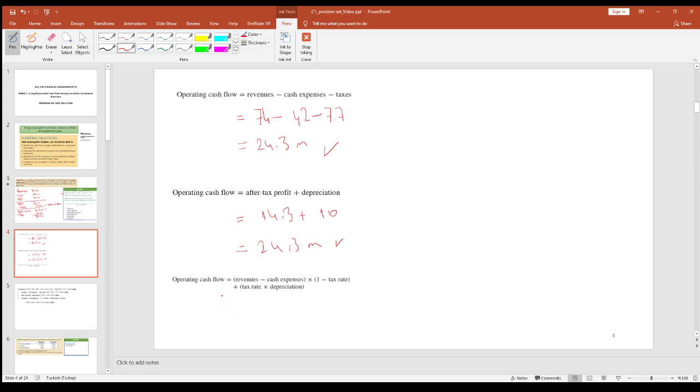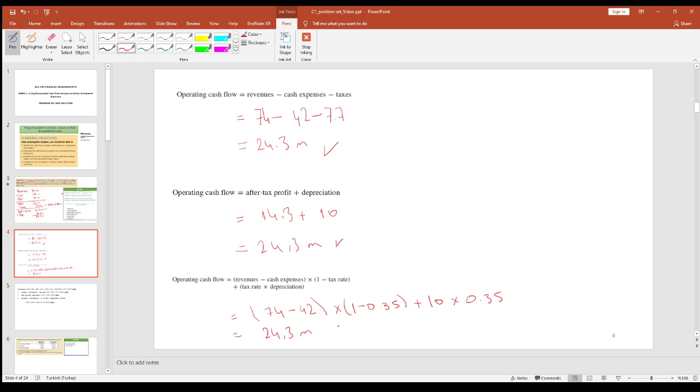The last one: revenue minus cash expenses, again, these cash expenses do not include depreciation. So revenue was 74 million minus 42 million, times 1 minus the tax rate of 35%, plus depreciation times the tax rate. The result of this will be equal to 24.3 million.